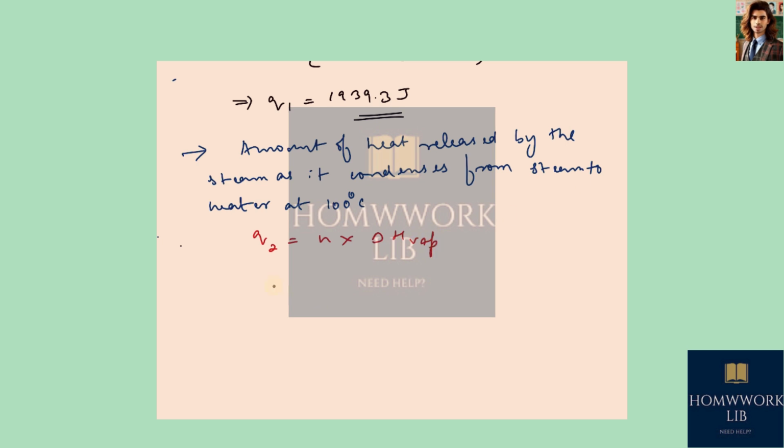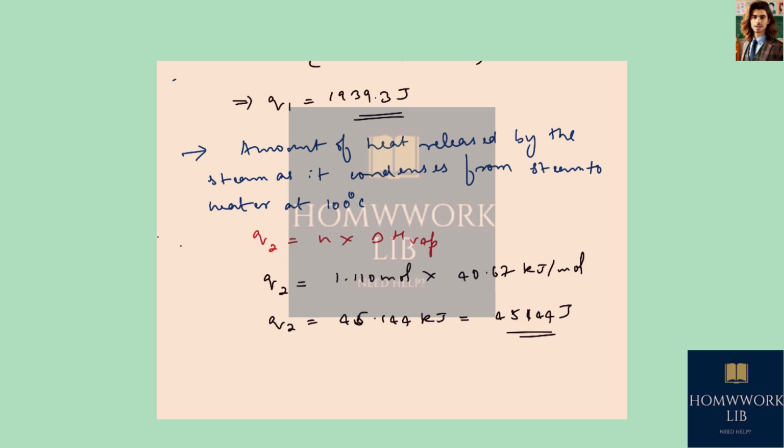So plugging the values, we have Q2 equals n value, we got 1.110 mole, that is the number of moles of steam, into delta H vaporization value, which is given as 40.67 kilojoule per mole. So on solving we get Q2 equals 45.144 kilojoule, which is equal to 45,144 joules. So we got Q2.